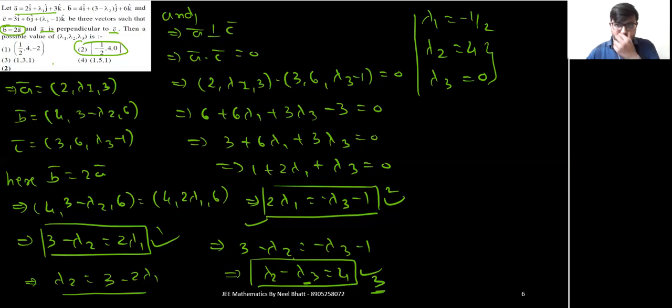So lambda 2 as 4 minus 0, which is 4, which is correct. Similarly, using equation number 2, lambda 1 as minus half and lambda 3 as 0, it is 0 minus 1 minus 1, and here 2 into minus half is again minus 1, so it is also satisfied. Okay, so all three conditions are satisfied. So this is a case of cross verification.